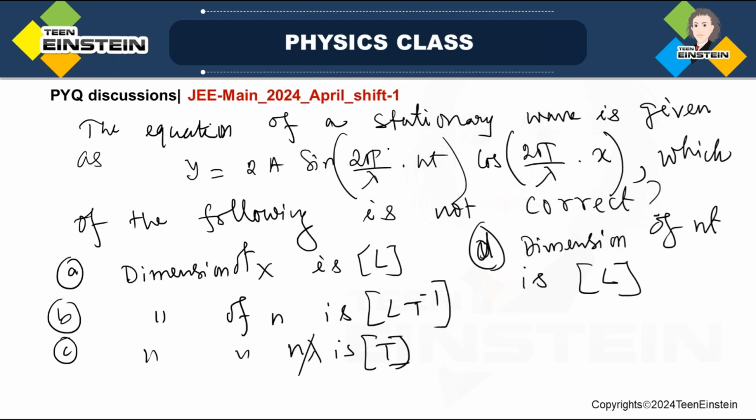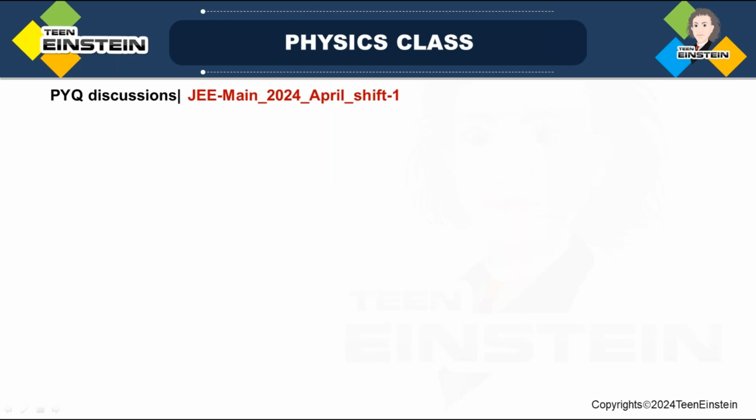Okay, see here 2 pi by lambda is actually the k vector, the propagation vector. First of all, the whole thing will be dimensionless if I take 2 pi by lambda into nt.